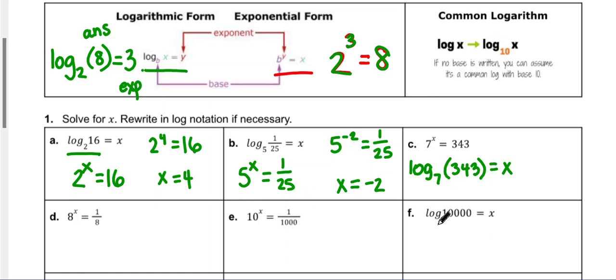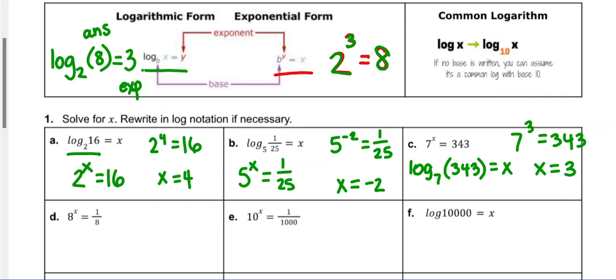If you're not sure, you can put this into your calculator, but most of these are small enough that we can do them in our head, or if you look at the back of the room, you will see your perfect cubes up there, and we see 343 is the perfect cube of 7. So that means that x equals 3. So 7 to the third equals 343.